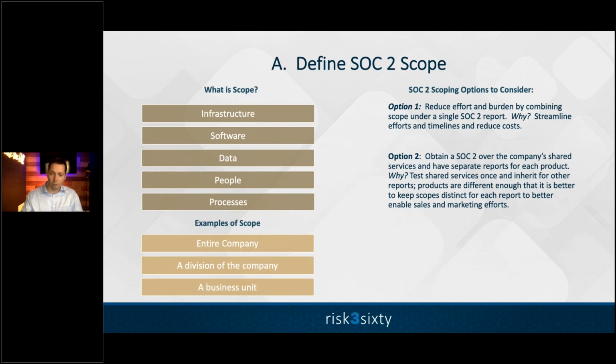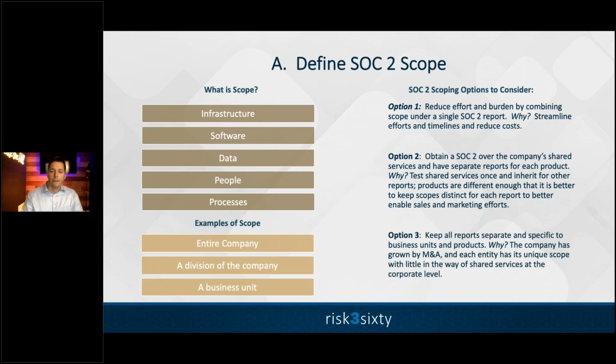So a common thing that we see, if you're taking that approach where you have multiple reports, you might have shared services such as IT, human resources, and some other areas where there are shared services across the organization. Those shared services are relied upon by the different product teams.